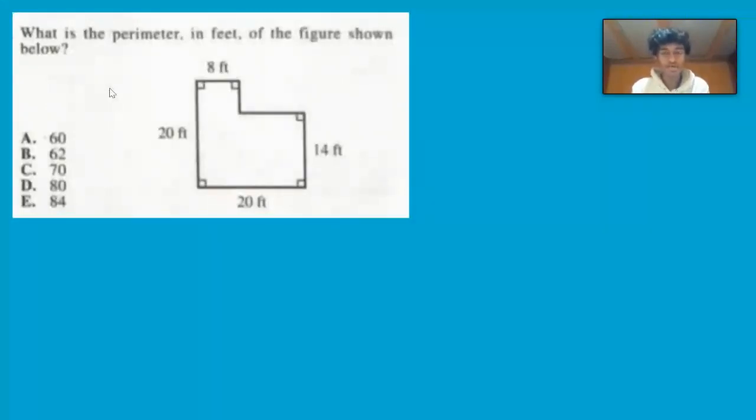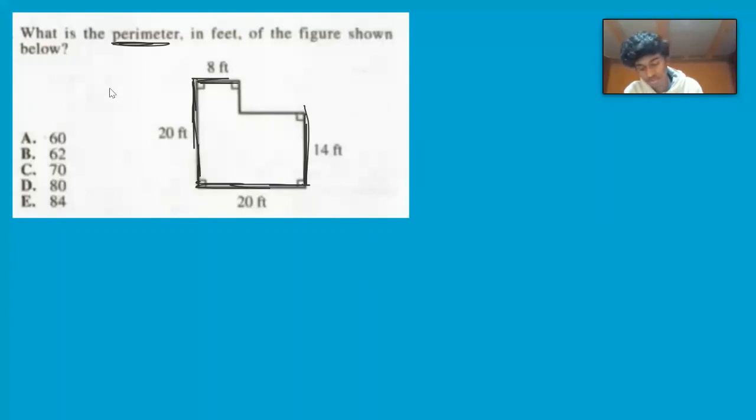So you guys try this question on your own. Okay, so we want to know the perimeter in feet of the figure shown below. Well, we know we have a 20 there, and we have a 20 there, we have a 14 there, we have an 8 here, and we don't know what these two lengths are.